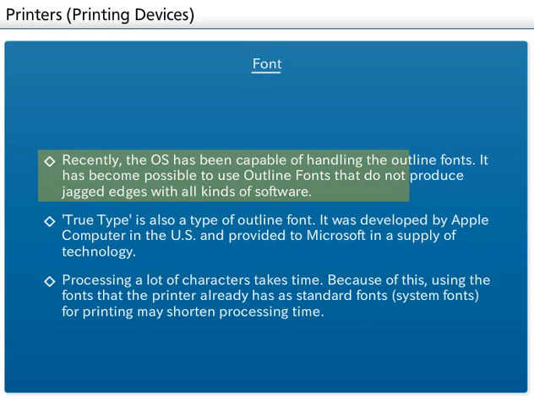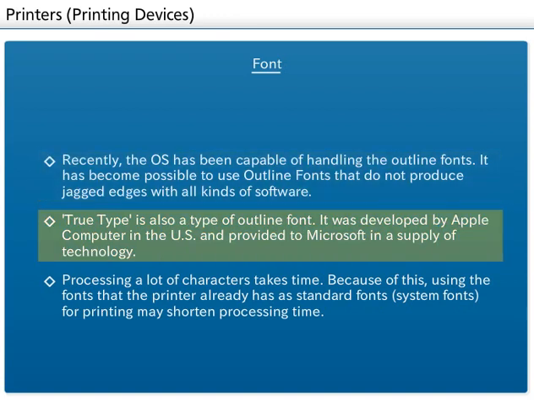Recently, the OS has been capable of handling the outline fonts. It has become possible to use the outline fonts that do not produce jagged edges with all kinds of software. TrueType is also a type of outline font.